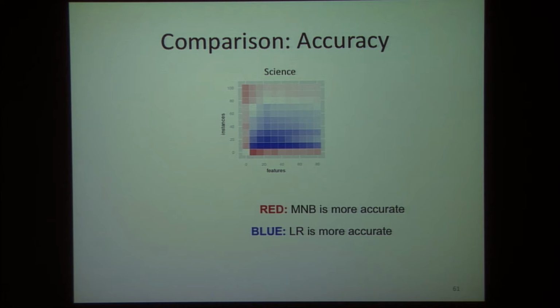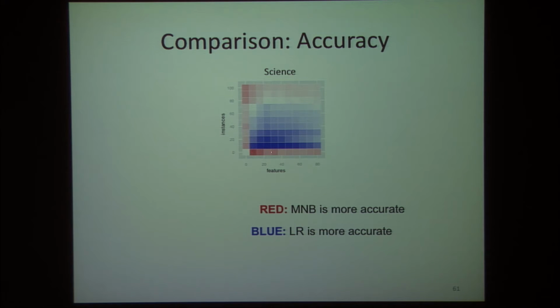So the way to parse this figure, this is a study I did using different amounts of labeled features and labeled instances. So in this 0, 0 spot right here, that's with absolutely no training data at all, so there's no difference between logistic regression and naive Bayes. This is as we add more and more labeled instances but no labeled features.